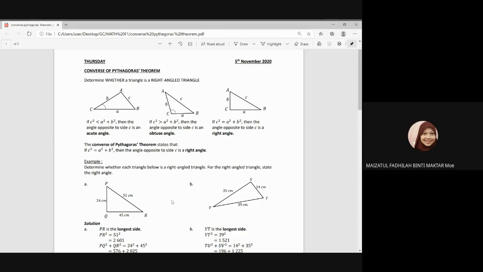Because we just do the class online, right? When I mark your exercise, some of you do not really understand how to solve it properly. So for the previous exercise, I hope those who made a mistake can watch the video and check which part you don't understand. But please do not practice the shortest method.